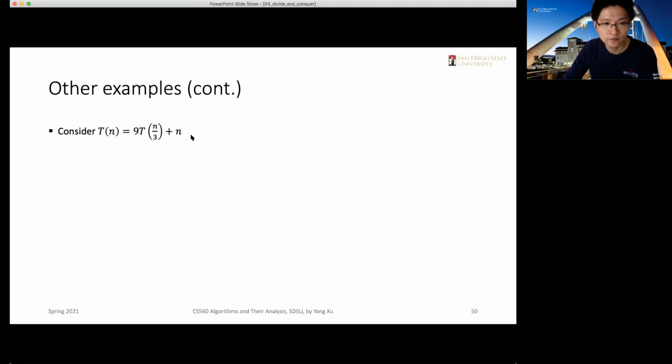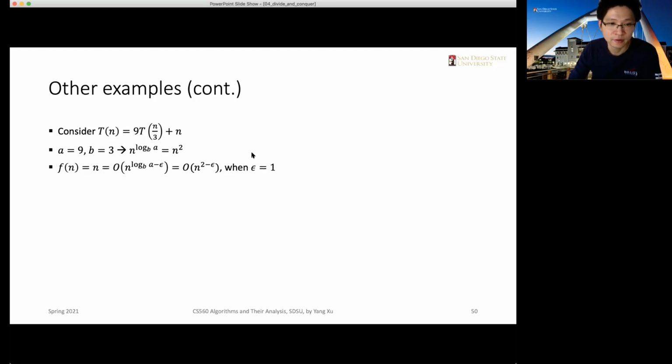Now we have 9 times T of n over 3. So a equals 9, and the logarithm base 3 of a is 2. This is an apparent case for the first condition, right? The f of n is a linear function, so it can be bounded by this quadratic term.